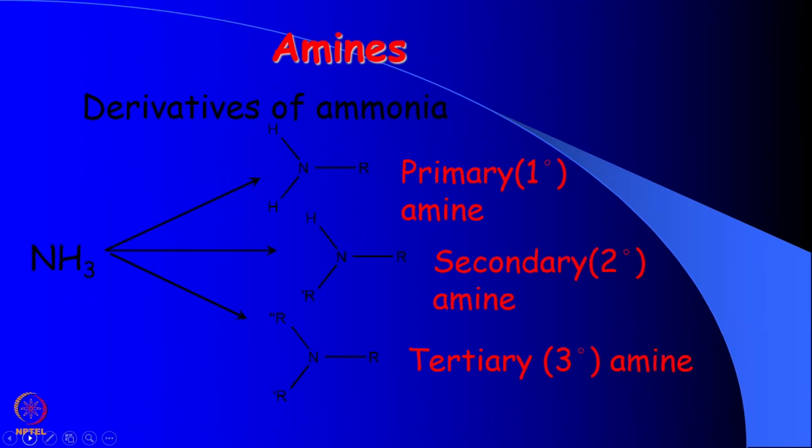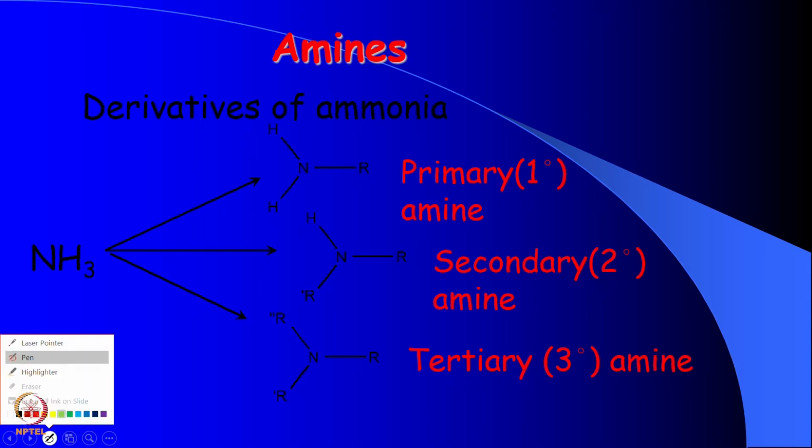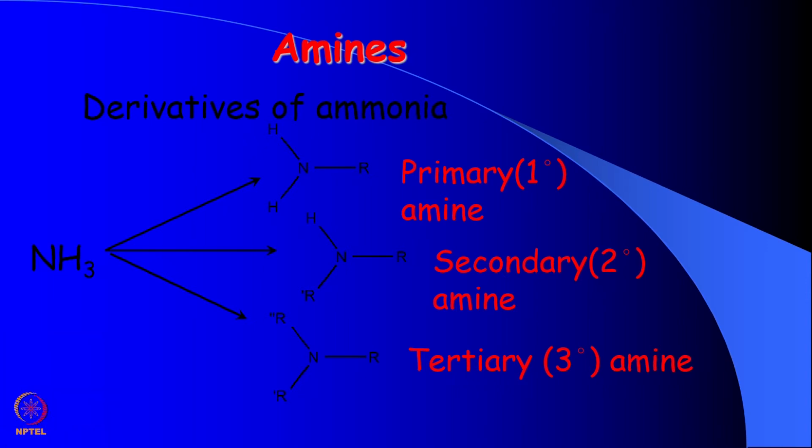We have been talking about amines and amides and all that. In that discussion, we have already discussed that there are compounds called amines. So, here I want to discuss quickly what amines are. Amines are derivatives of ammonia. From ammonia, if you replace one hydrogen by an alkyl group, it becomes a primary amine.